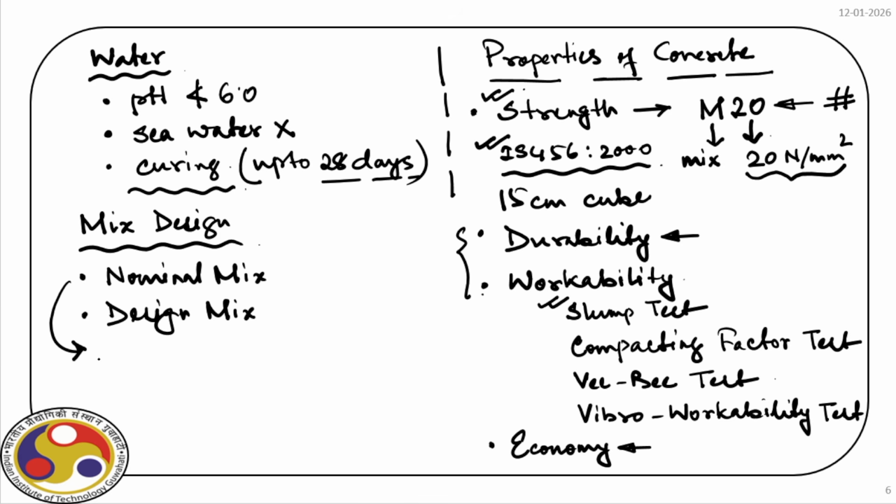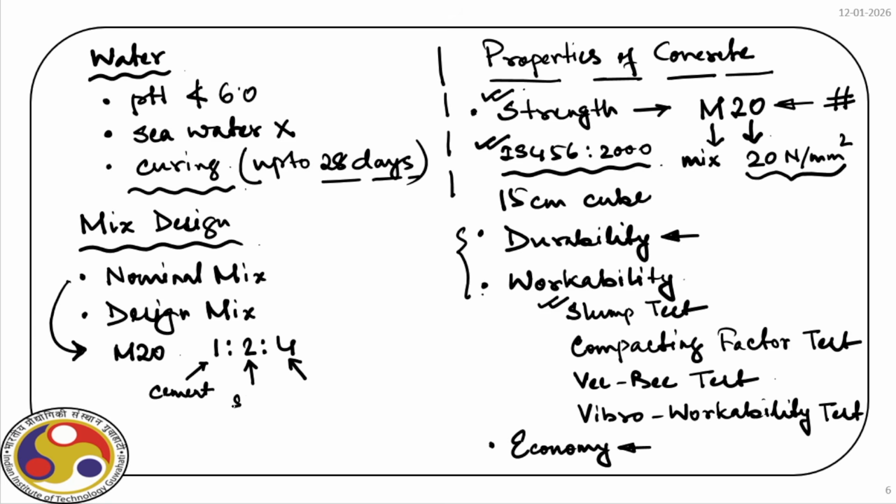Normally for mass concrete, we do not design the proportions of different materials every time, and if the strength is below M20, then we can use what is called a nominal mix. For example, if we use 1:2:4, the first is the amount of cement, the second is the amount of sand, and the third is the amount of gravel.